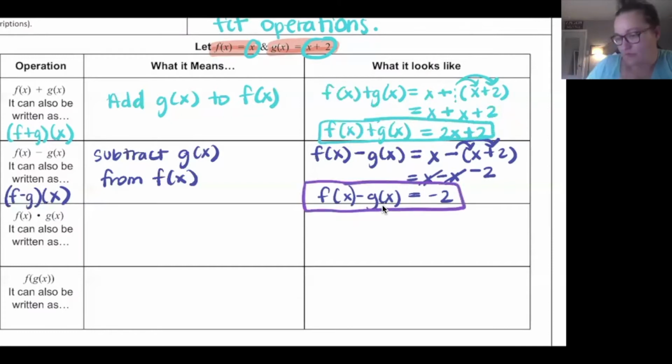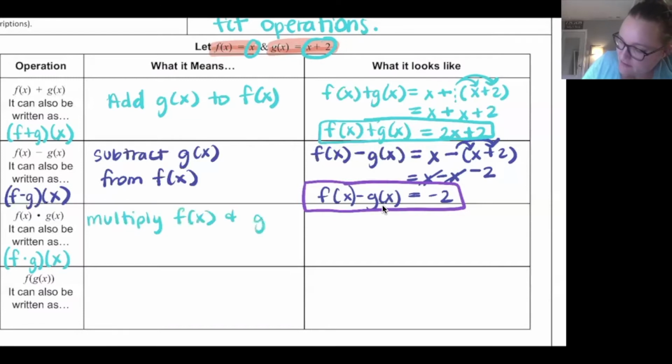All right, moving on. So now we're going to take f of x and multiply it by g of x, which can also be written as f times g of x. So what this means is you multiply f of x and g of x by each other.